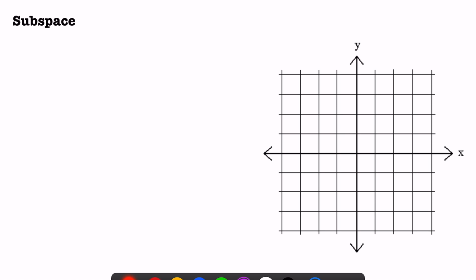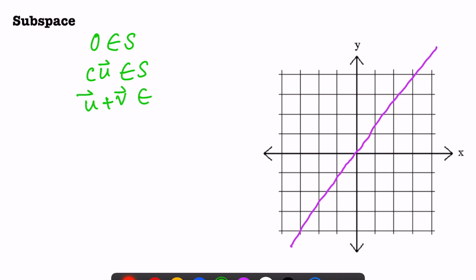Now let's take one line that goes through the origin. The properties we need to check are whether the zero vector belongs to this subset, whether it is closed under scalar multiplication, and whether it is closed under vector addition. Of course the zero vector belongs to this subset. Let's take any vector on this line and scale it. If we scale it in the positive or negative direction, the resultant vector also falls on this line only.